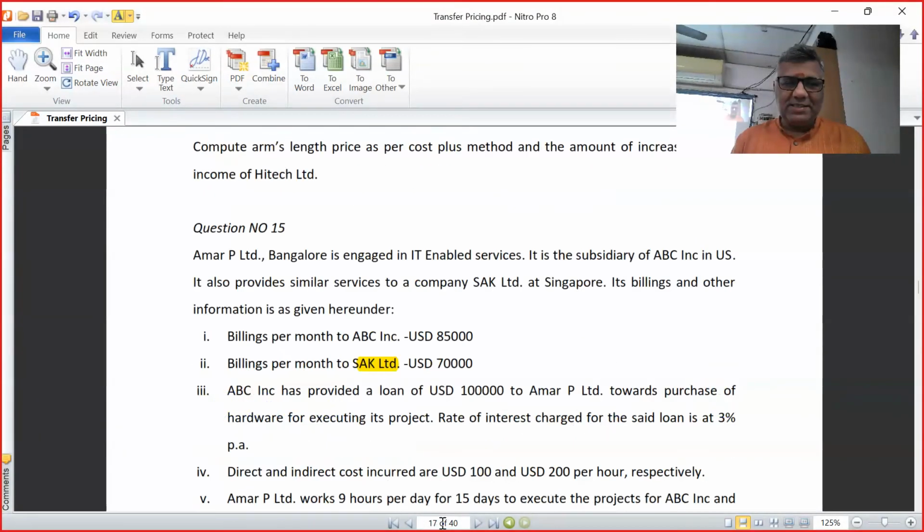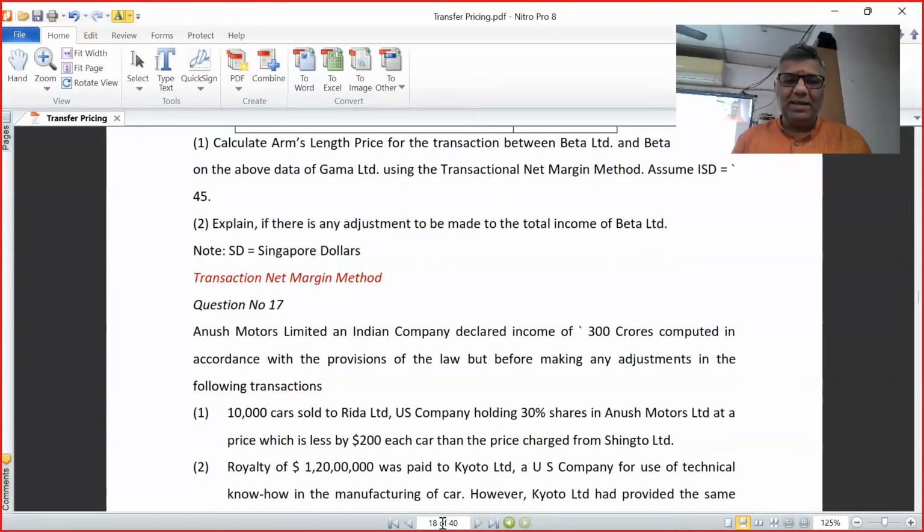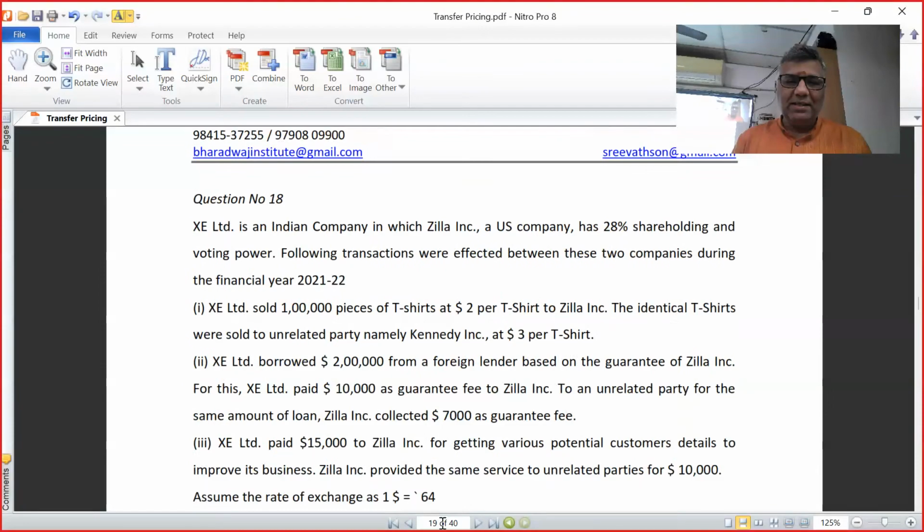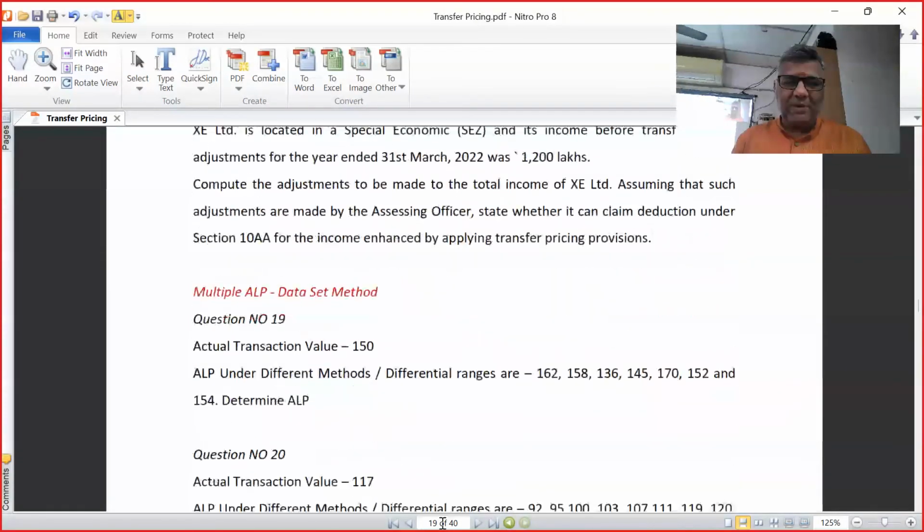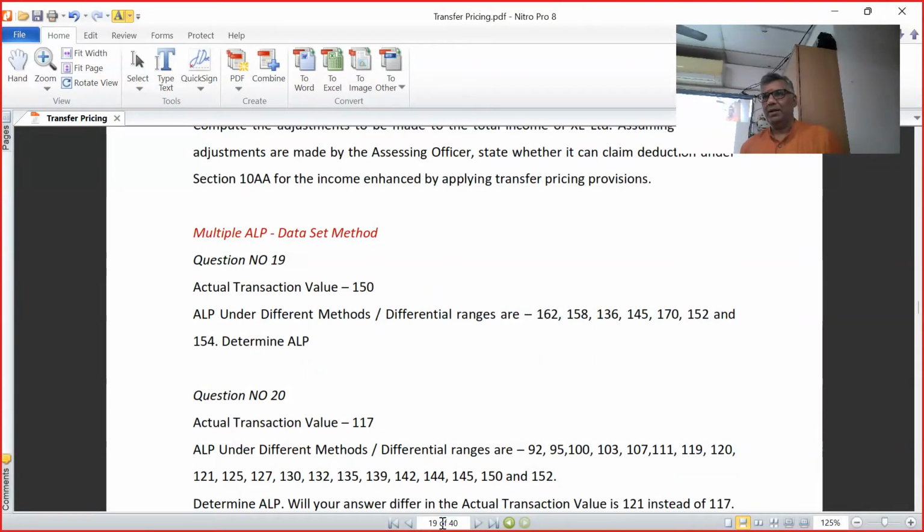Let's see an example, as all of you have asked. Question number 19. The actual transaction value is 150.